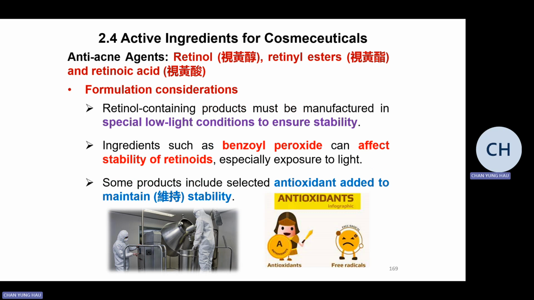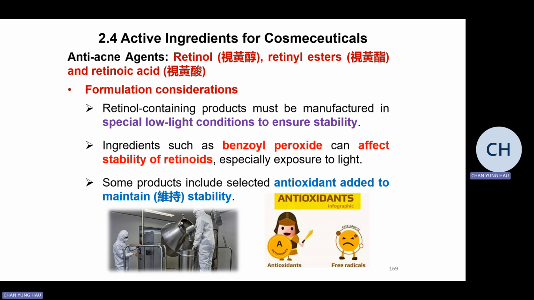For formulation consideration, the retinol-containing product must be manufactured in especially low light conditions to ensure the stability. An ingredient, for example benzoyl peroxide, as I told you before, will affect the stability of retinol, especially on exposure to light.